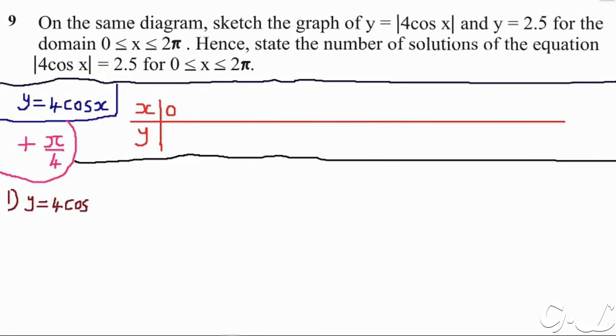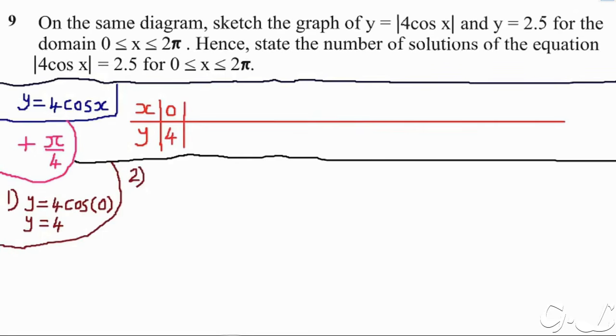The first one, number 1, the value of x is 0. So when you do the calculations on your calculator, the value of y will give you 4. So the value of y is equal to 4.